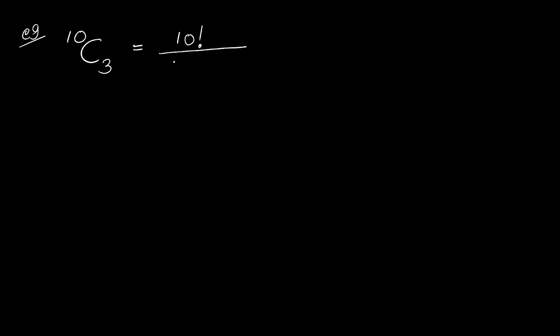I will tell two methods for finding nCr. One is the formula n factorial by r factorial into n minus r factorial. So 10 factorial divided by 3 factorial into 7 factorial.